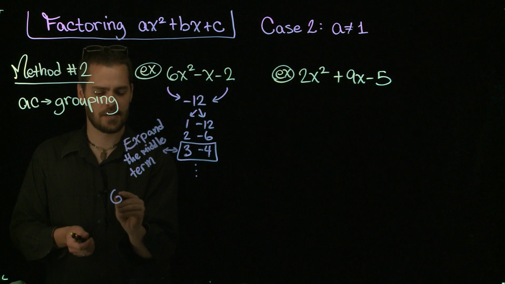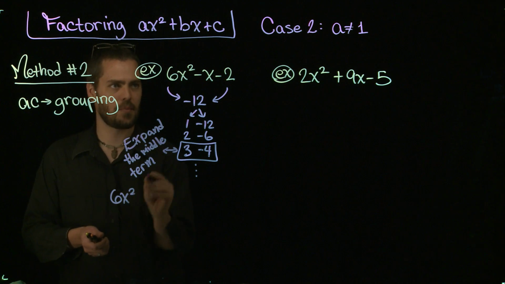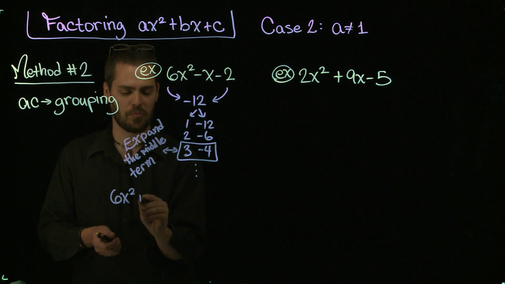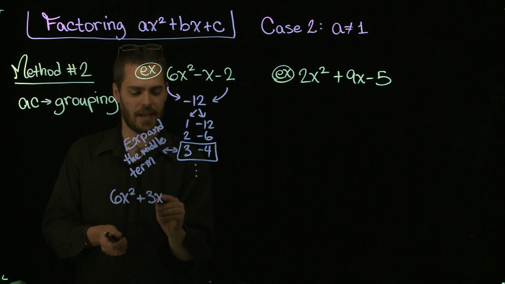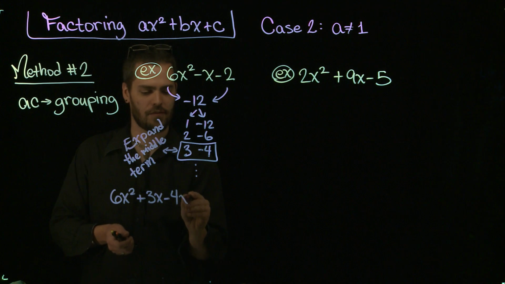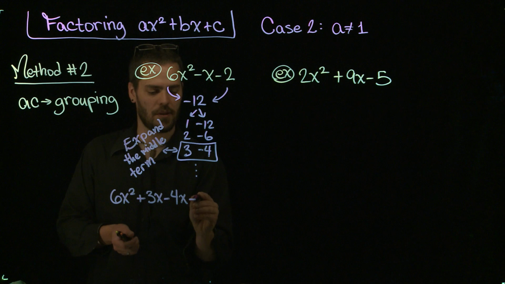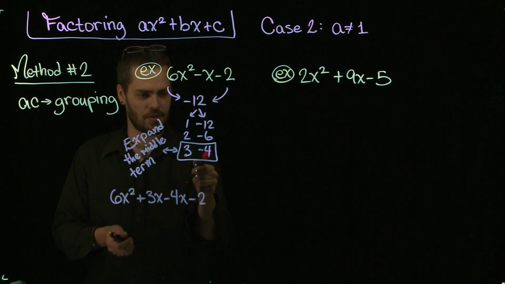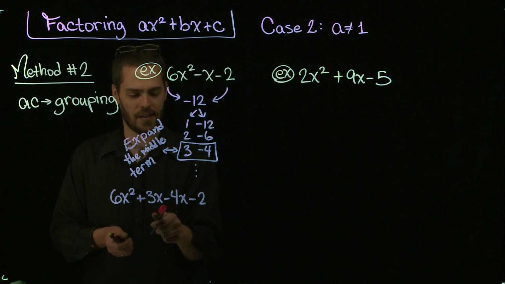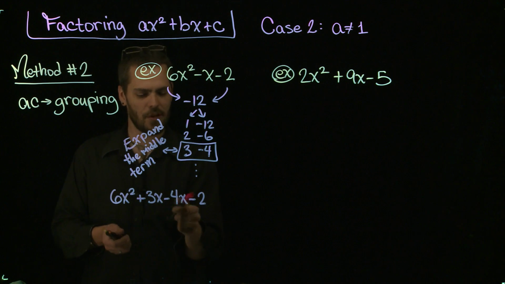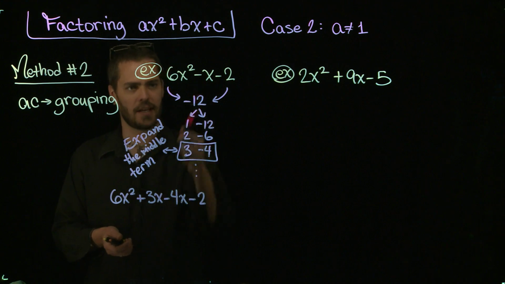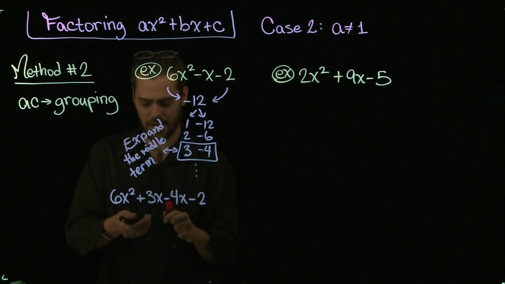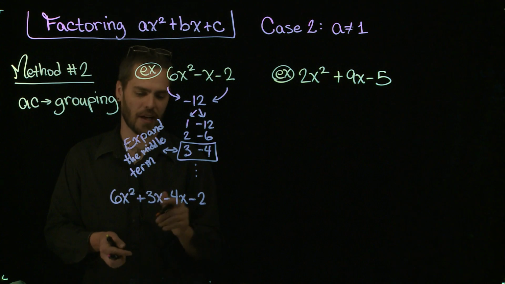My trinomial 6x squared minus x is now going to become plus 3x minus 4x, and then I still have the minus 2 on the end. So notice how right here I've used these two numbers. I stick an x on it to expand the middle term. Notice that if you combine those terms, you would get negative x. But I'm expanding it so that I can now factor by grouping.